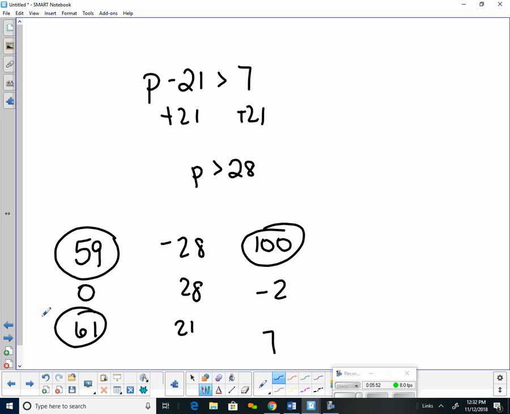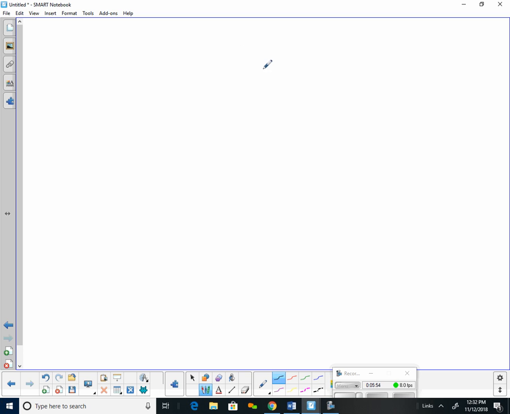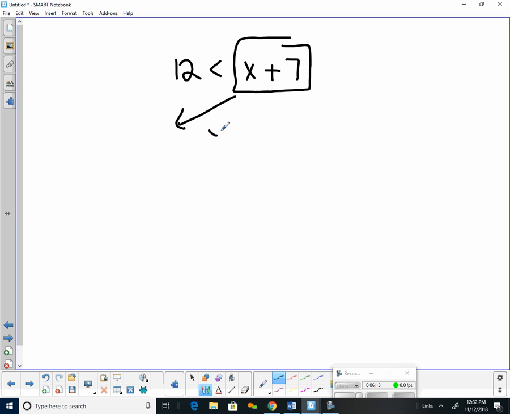Okay, now let's talk about one thing. What happens if my variable is on the right side? So let's say we have 12 is less than x plus 7. Well, remember I like for my variable to be on the left, so the first thing I want you to do is rewrite this. Now, when you move this to the other side, the inequality sign gets flipped. So when I bring this over, that's x plus 7, and this inequality sign gets flipped.